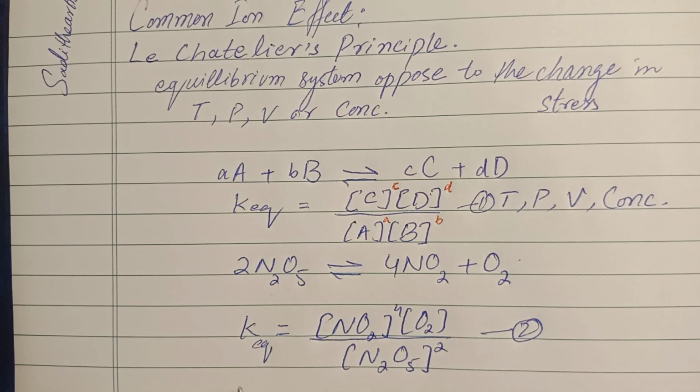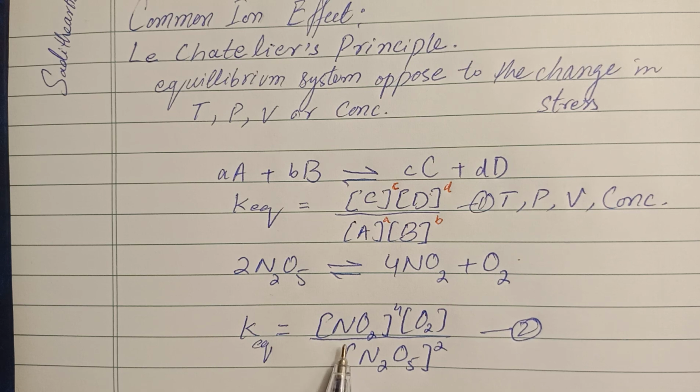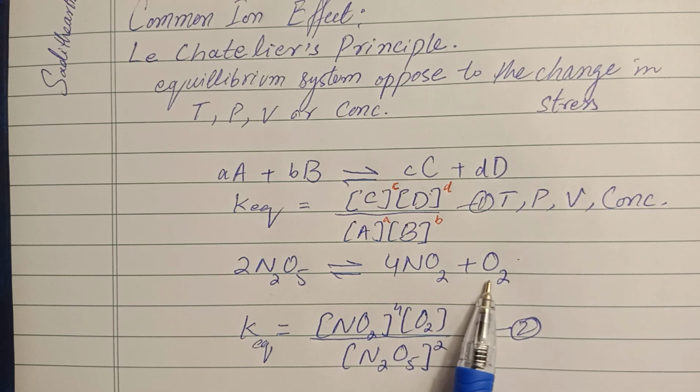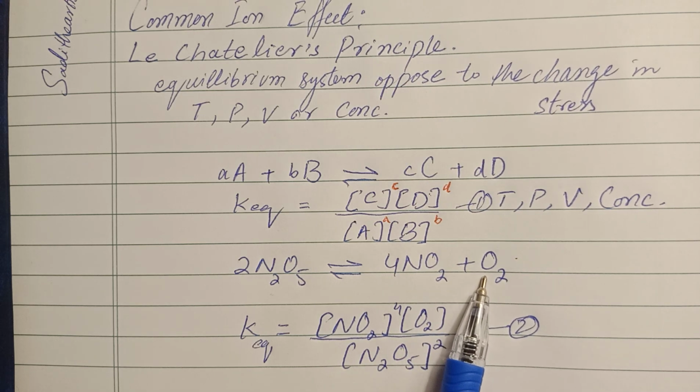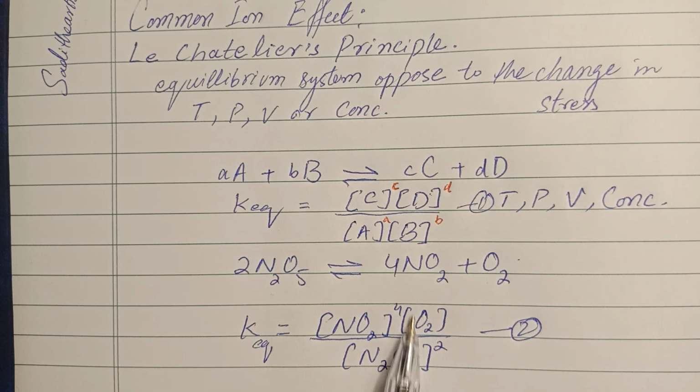From this equation we can see that if we change the concentration of any of the species, for example, if we are increasing the concentration of oxygen, it means that this factor is increasing.